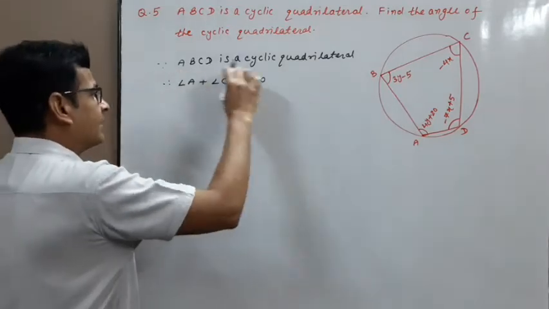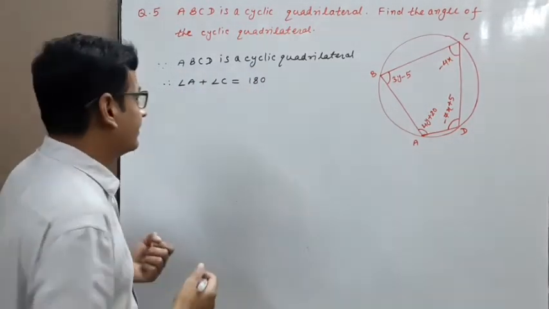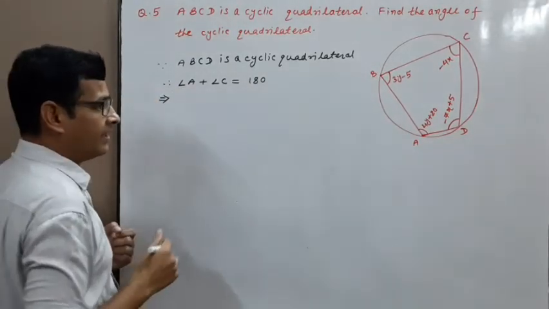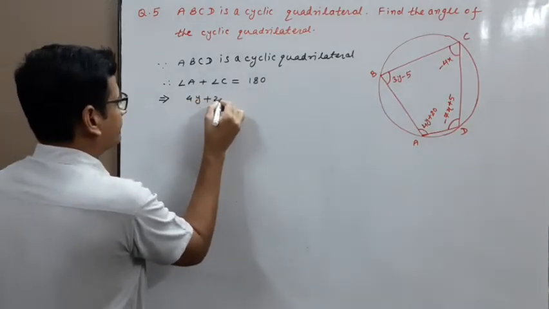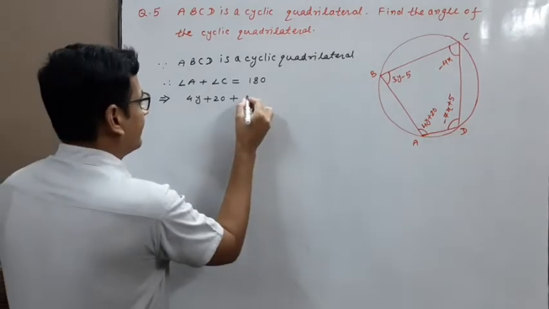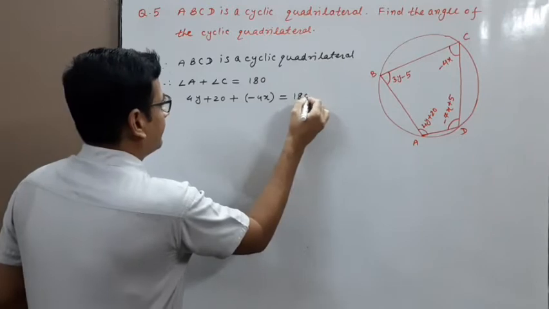During any mathematical calculation we don't write degree, paisa, rupees or anything. So only write 180. Angle A is 4y plus 20, angle C is minus 4x, equal to 180.